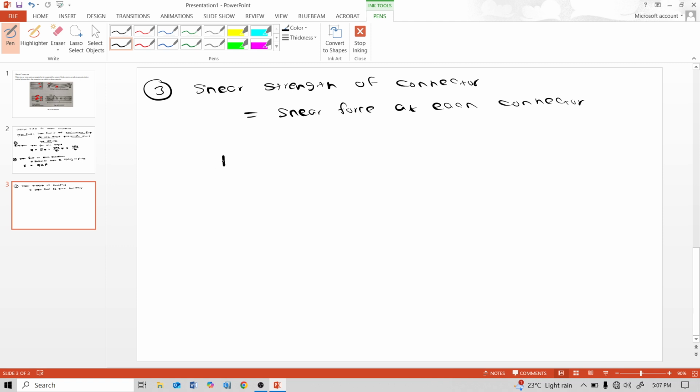Shear strength of the connector, denoted as capital F, is equal to shear stress multiplied by area of connector, the area of the connector or area of the bolt. Shear stress is SAY upon BI and area of connector.